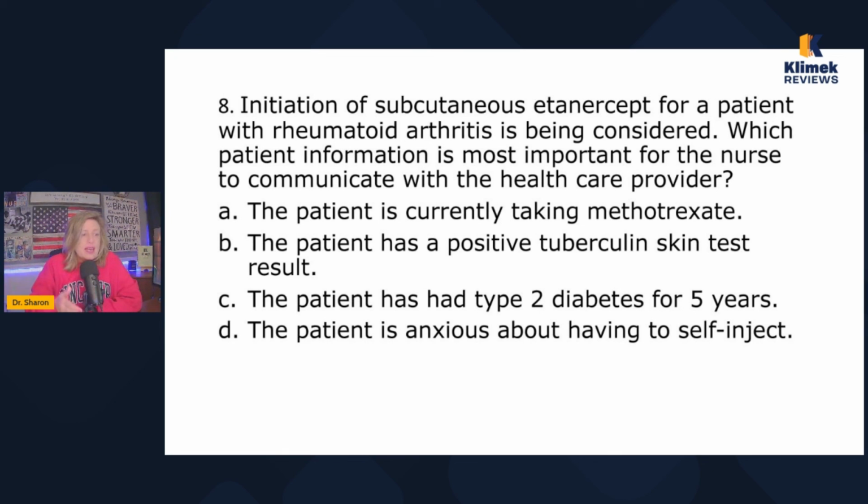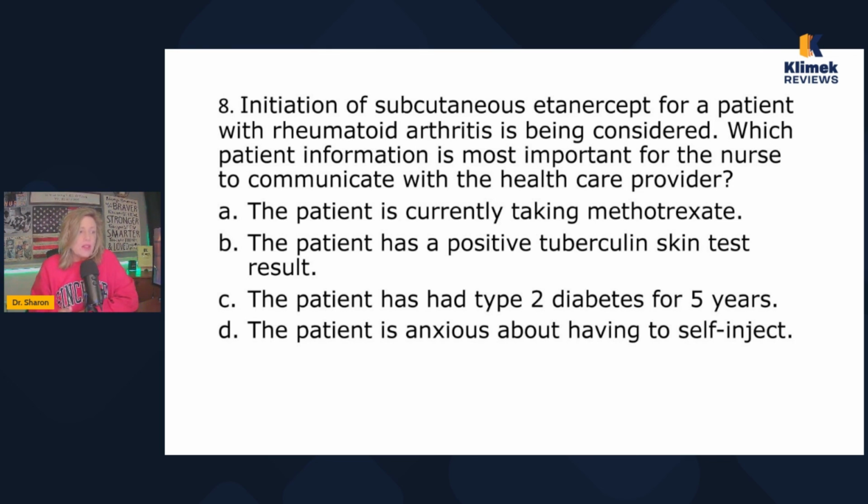So when it says, what is the most important information to tell the healthcare provider, you tell them if you discovered any contraindications for taking that medication. So they have rheumatoid arthritis, so they're going to be taking some kind of immune suppressant, and it's being considered to start them on etanercept. It's being considered. They're not necessarily starting them on it, but they're considering it. So we're looking for contraindications.